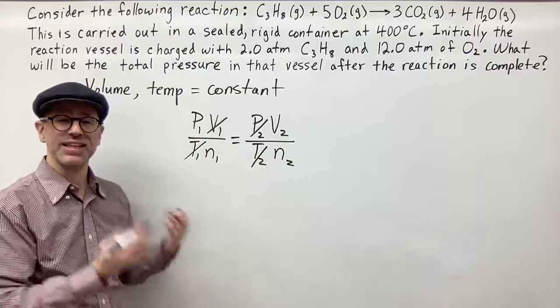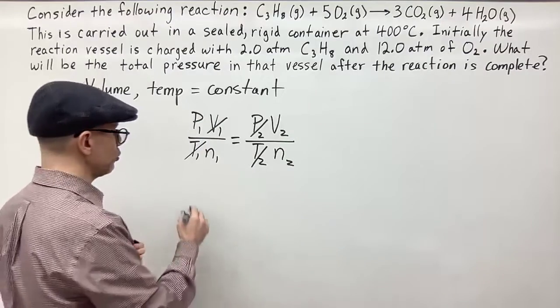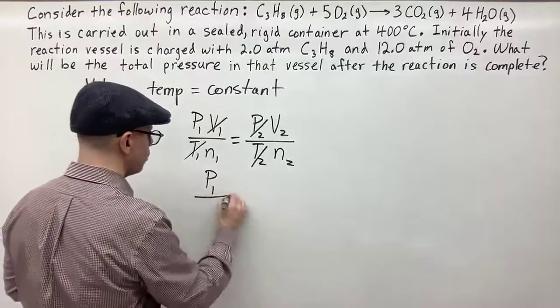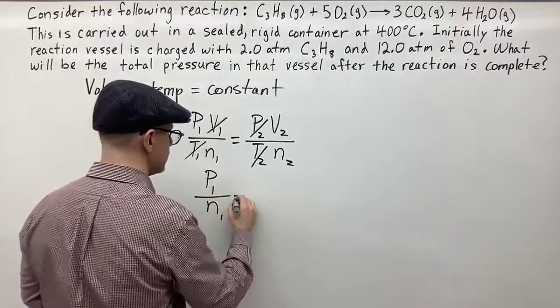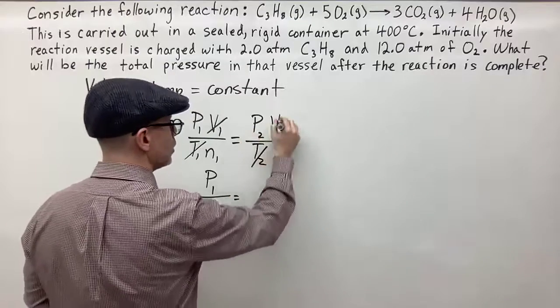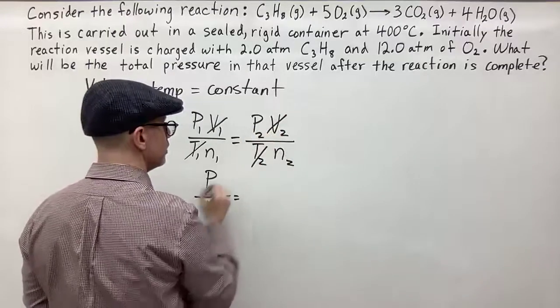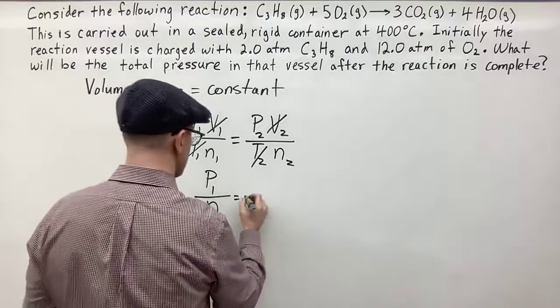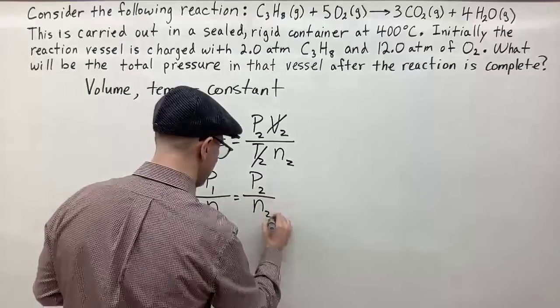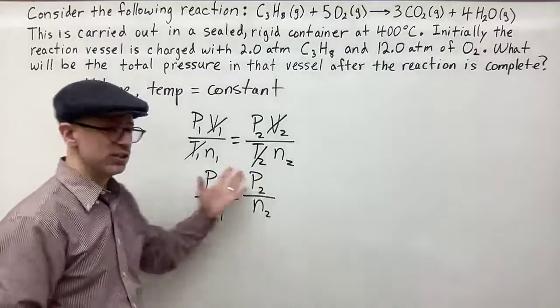Whatever's left is the equation that we want to use. Here we have P1 over N1 is equal to, oops, I crossed out the wrong one. Volume should be canceled. And P2 over N2.